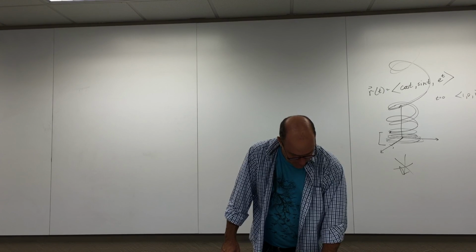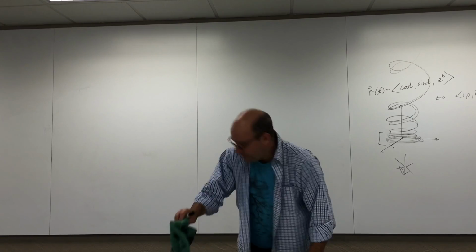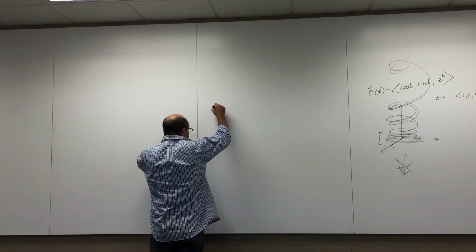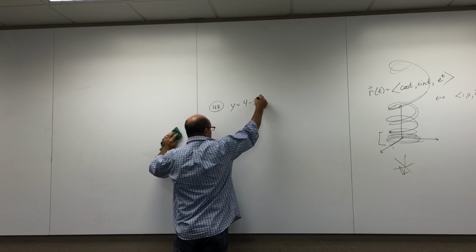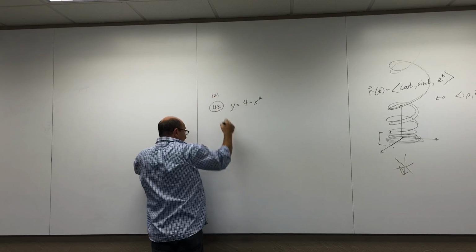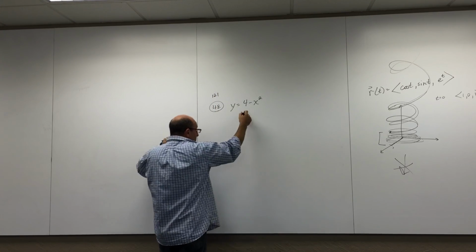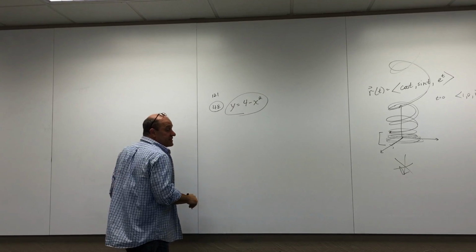Hey, this is kind of cool. Look at this. I found this problem. Problem 48 says y equals 4 minus x squared. This is in 12.1. They say, hey, represent this with a vector valued function, please.